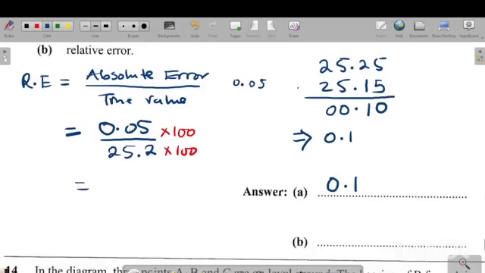So 0.05 times 100 gives 5 over 25.2 times 100, the point will move twice to the right, so it will be 2,520.